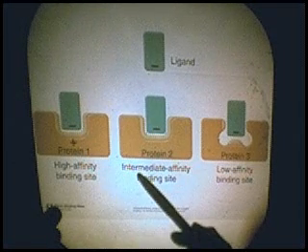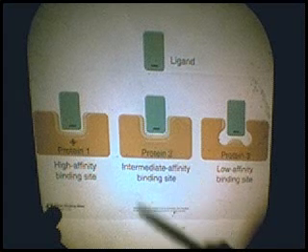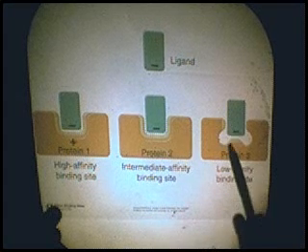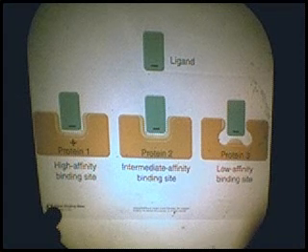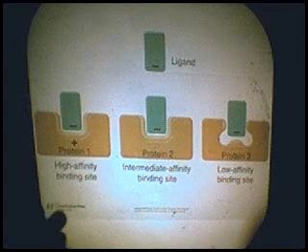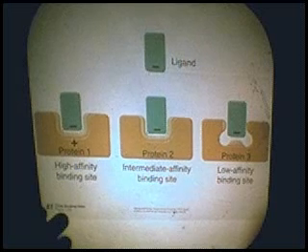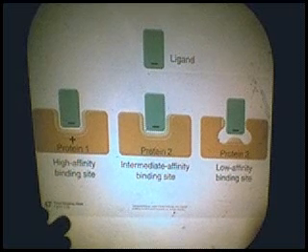Another site is intermediate in its attraction to the ligand, and then we have one that will allow binding of the ligand, but it is not really highly attractive to the ligand. So that's a low affinity binding site. So this has to do with affinity. Same chemical specificity, but varying degrees of affinity.